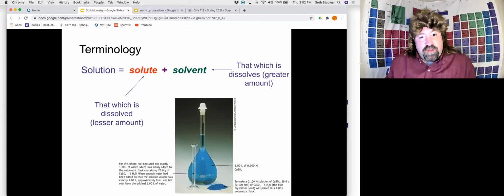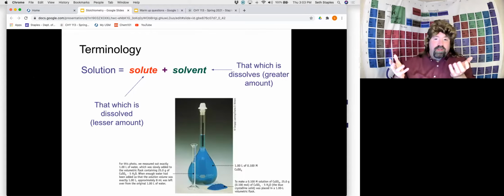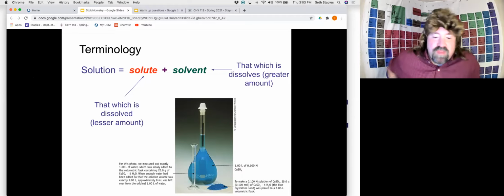Solutions in general consist of a solute and a solvent. The solute is the thing which is dissolved into the solution, and it's always the thing that's in a lesser amount. The solvent is the thing that is doing the dissolving, so to speak, and it's going to be the thing that's present in the greater amount.